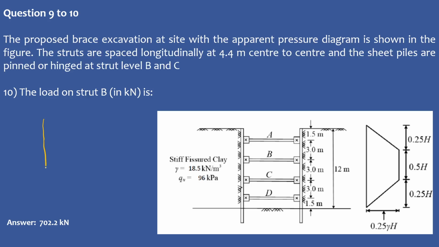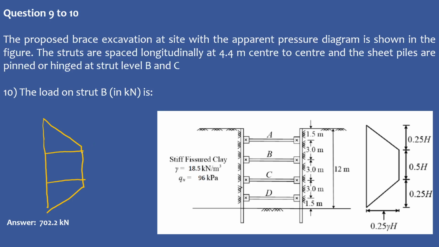So we'll draw this, and follow what the student is saying. We have this pressure diagram available with us. You have strut B at this position, and then strut C at this position. Strut B will be supporting some of the soil above it and some of the soil below it.